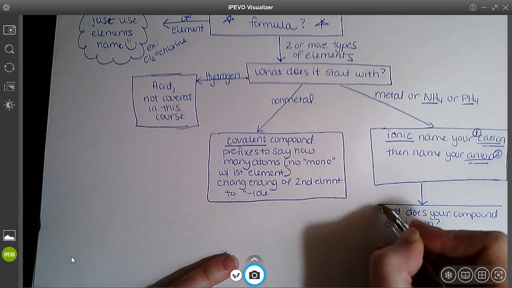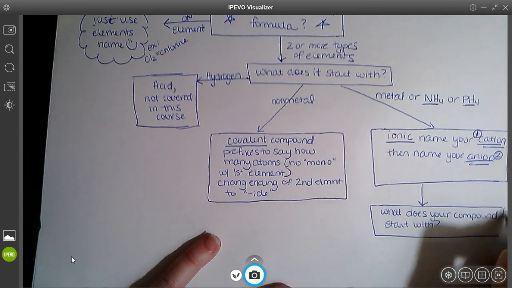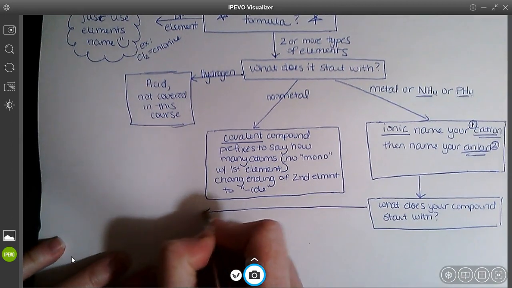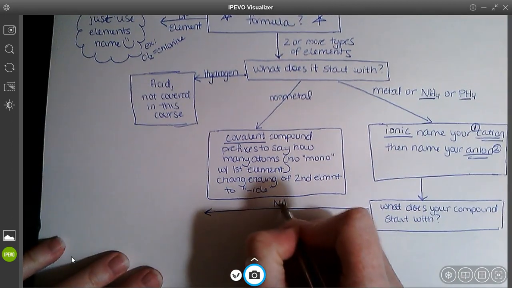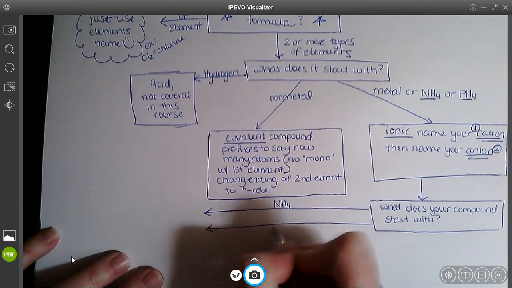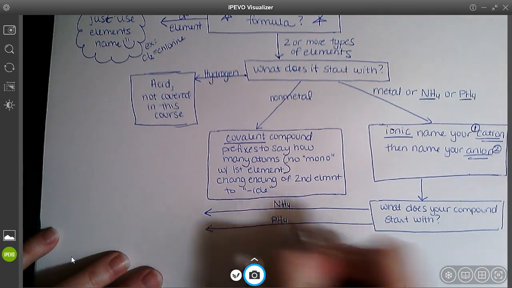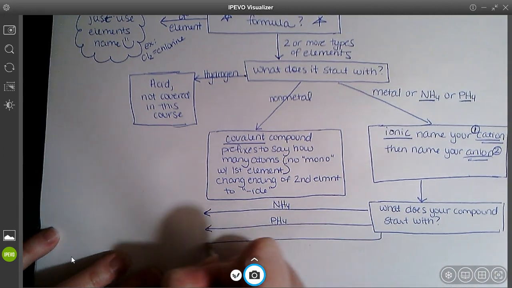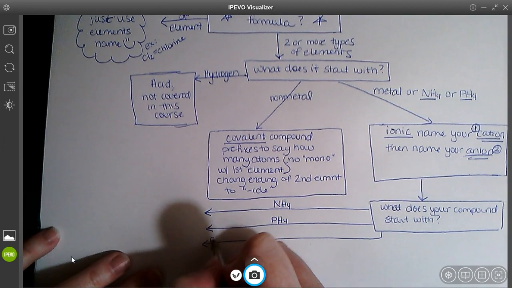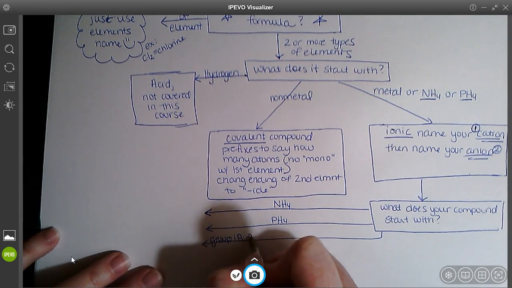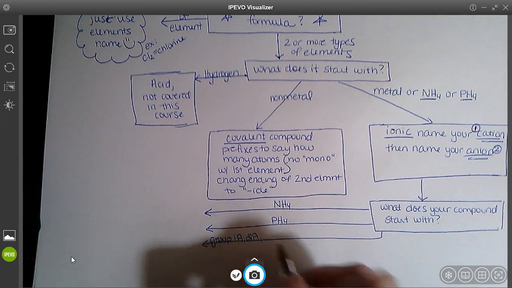So there are a few options for this. Your compound could start with NH4. Your compound could start with PH4. Or your compound could start with a group 1A, 2A metal.